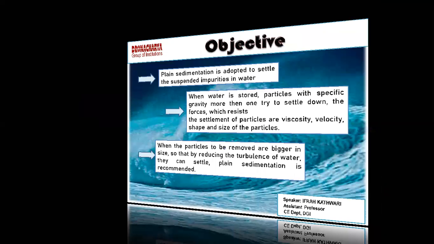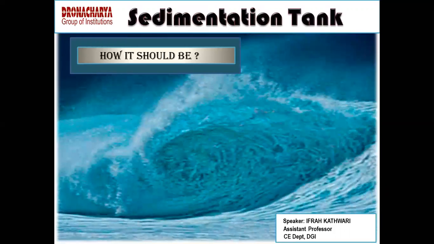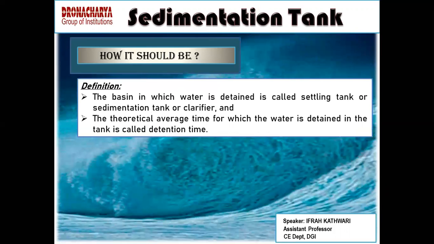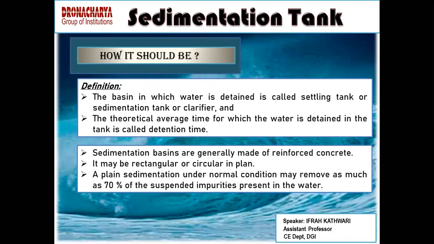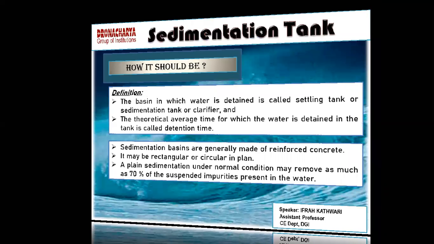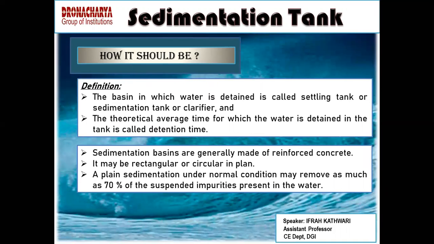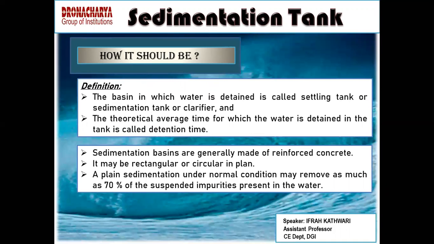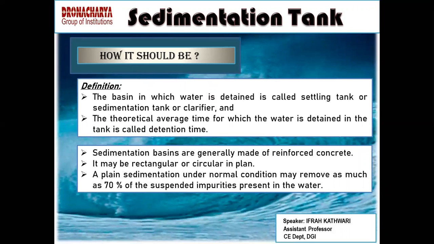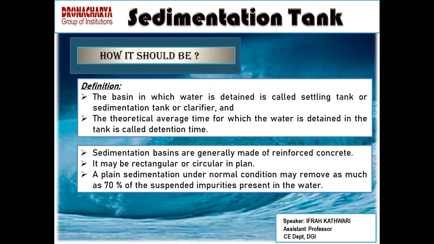After this, now how this sedimentation tank should be like. The main definition of a sedimentation tank is that it is a basin in which the water is stored for some time. It is also known as the settling tank or clarifier, where the water gets clarified to some extent.